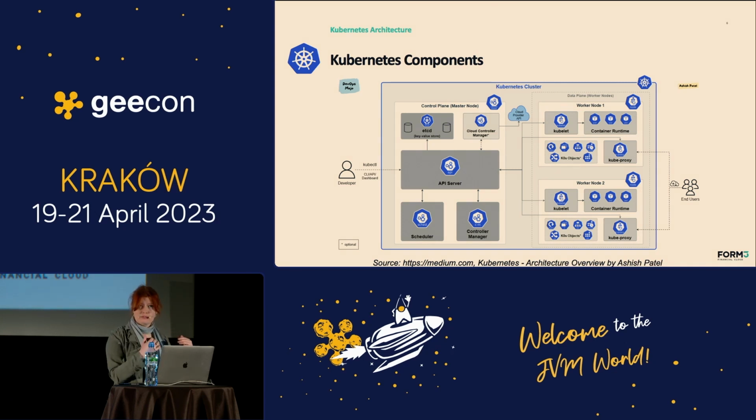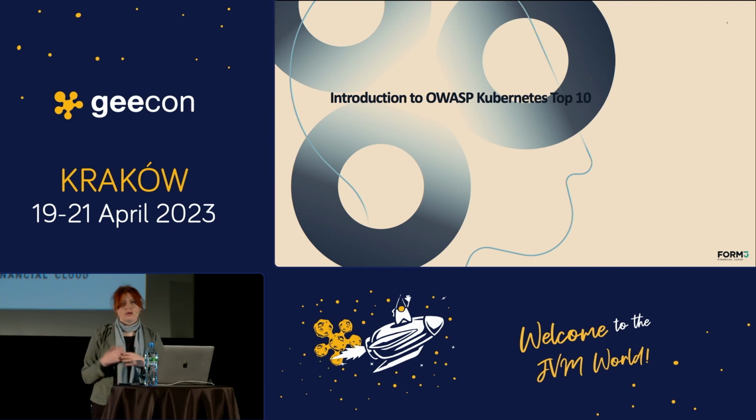Like the API server, kubelet also exposes a REST API, but it's only an internal API for communication between the control plane and worker nodes. However, sneak peek, we'll exploit an unsecured kubelet API to gain unauthorized access to the cluster. What other kind of security issues can we see in our K8s clusters?